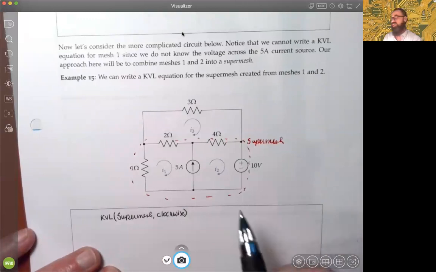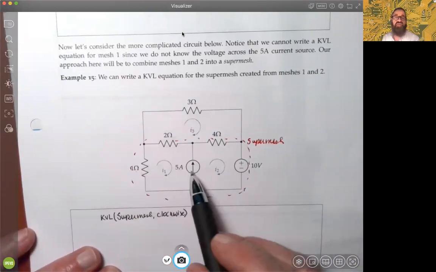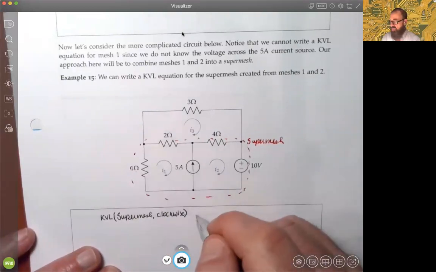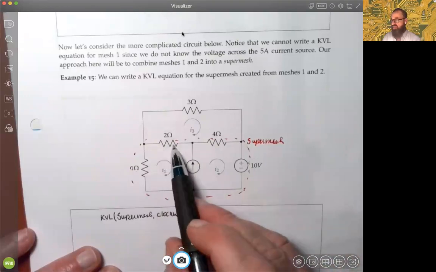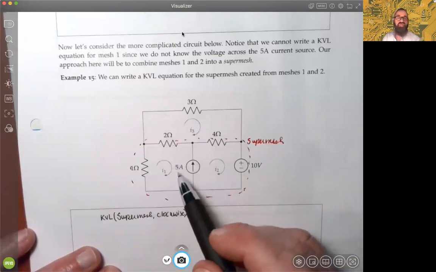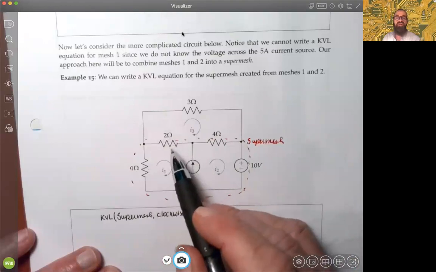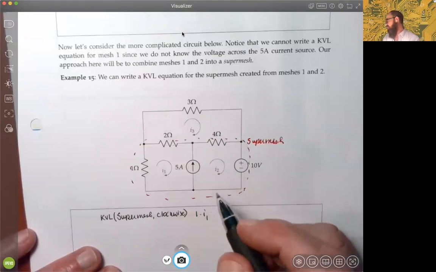We're going around clockwise. Let's say we're coming through the 1 ohm resistance here. The only current going through that is I1, so you would have 1 times I1. Then you're coming into the 2 ohm resistance. You have 2 different mesh currents flowing through it, but we're assuming clockwise, so whoever's in the direction of going clockwise here will be the positive one.